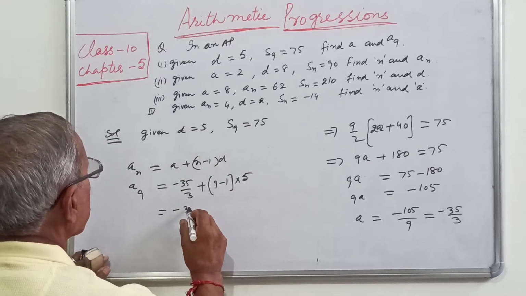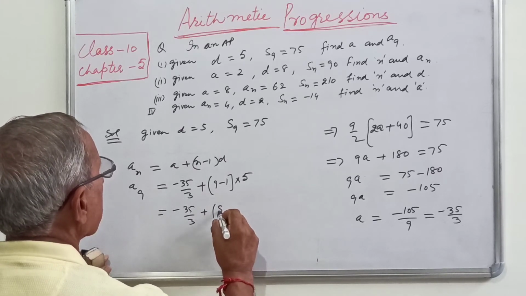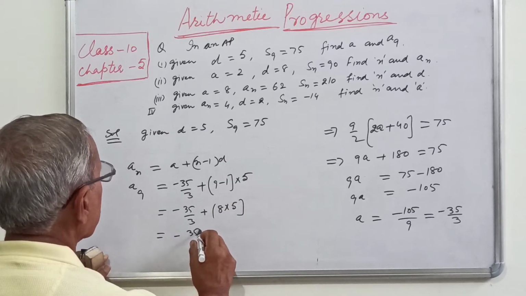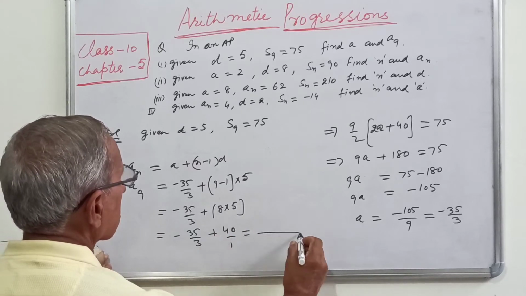So minus 35 upon 3 plus 8 multiplied by 5. So minus 35 upon 3 plus 40 upon 1. The LCM is 3.